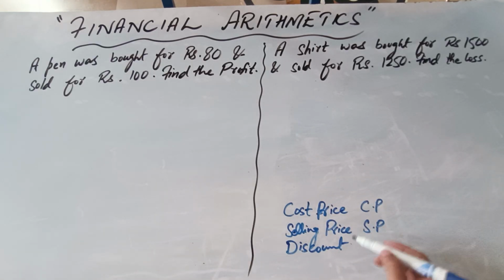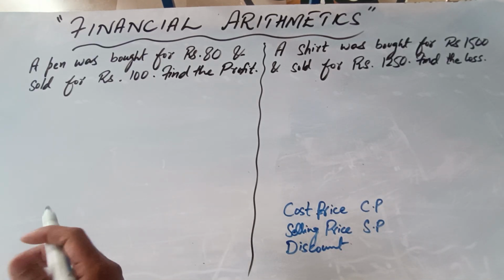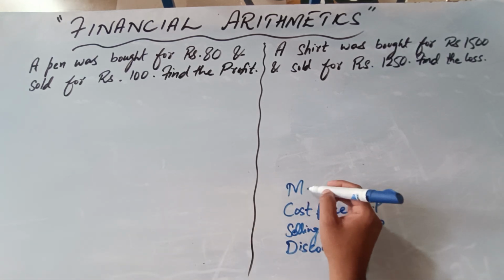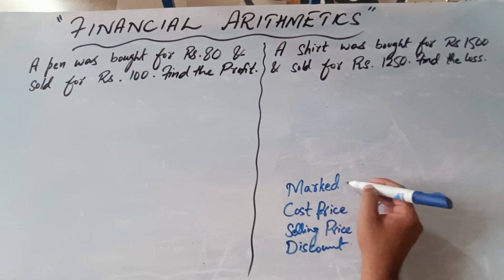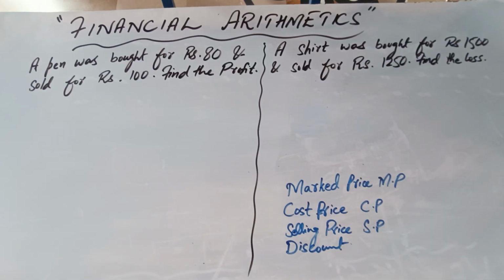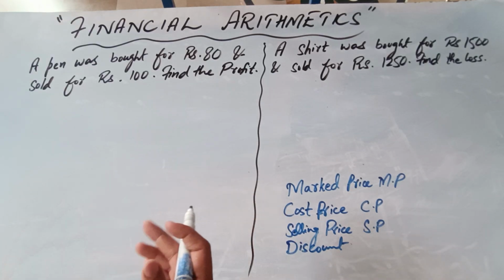Then markup, these are the few terms and terminologies. Discount means whatever, and there is one more thing, marked price, MP. So we will use these terminologies in this video.